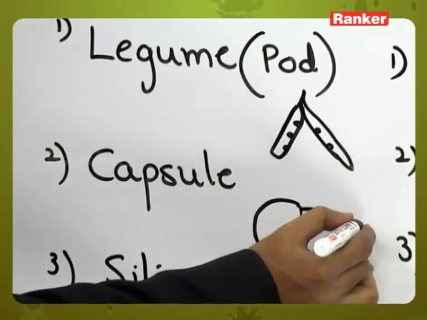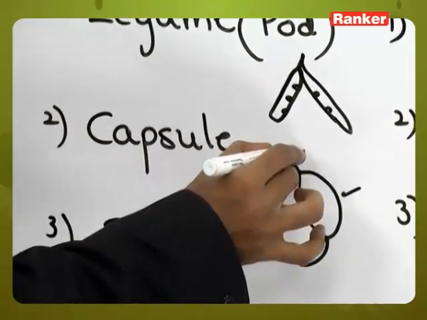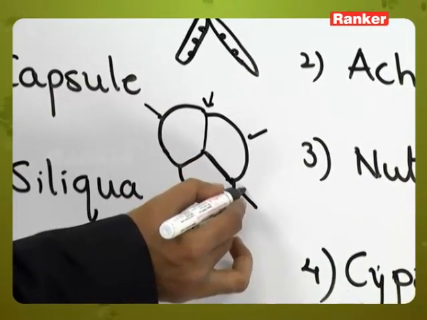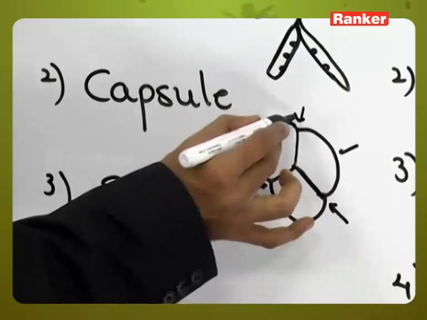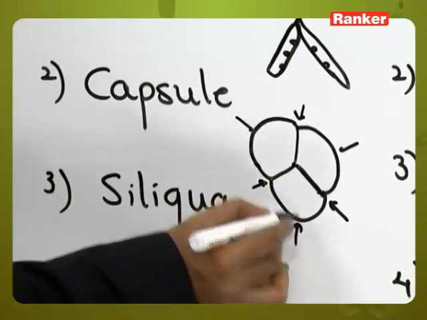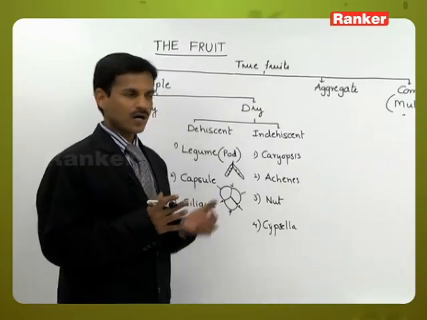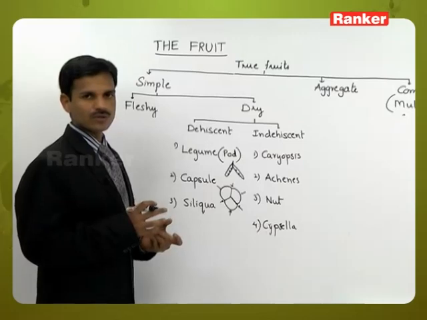Sometimes it is dehiscing in between the locules, or sometimes in the septa region. So the splitting or dehiscence methods are different in capsule.